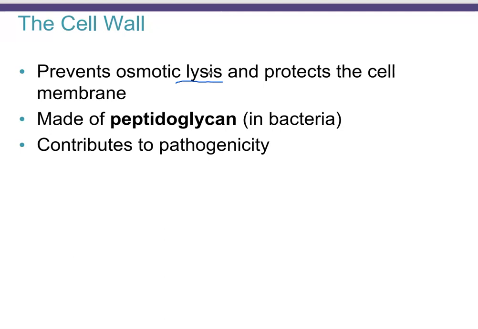In prokaryotic cells and regular bacteria, the eubacteria, the cell wall is made out of something called peptidoglycan. That's a very important term that you need to know. Peptido refers to protein, glycan refers to carbohydrate, so it is a mixture of protein and carbohydrate.